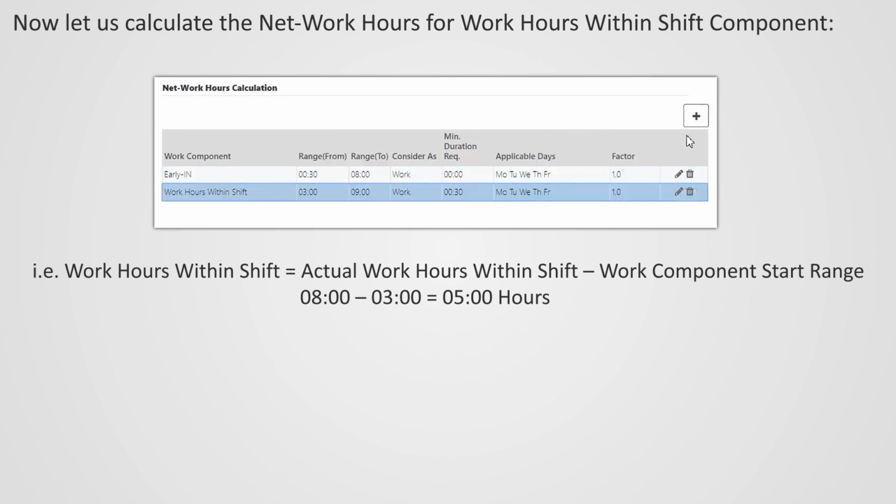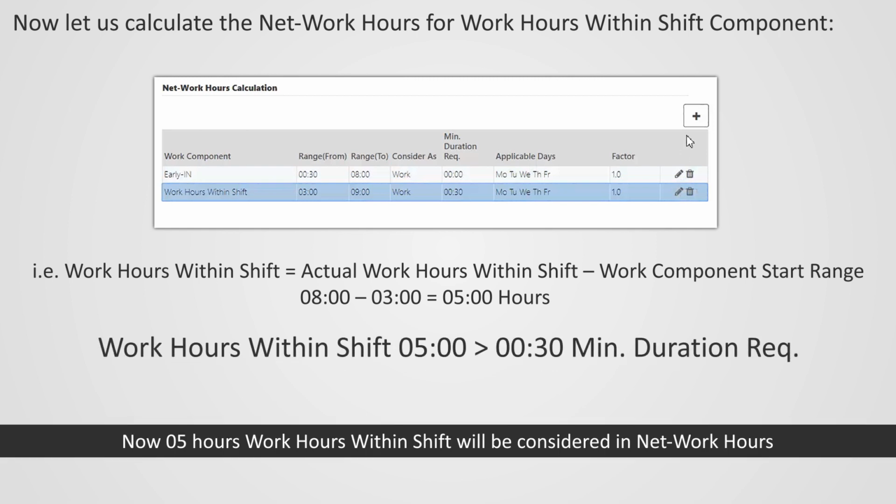That is, work hours within shift is equal to actual work hours within shift minus work component start range. 8 minus 3 is equal to 5.